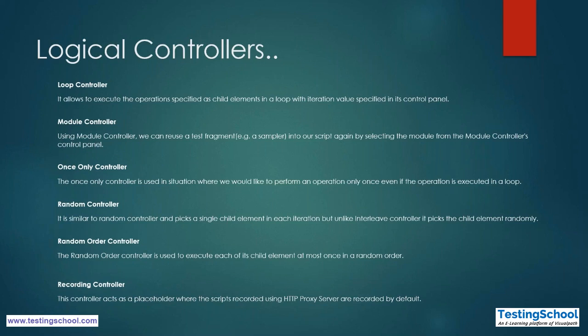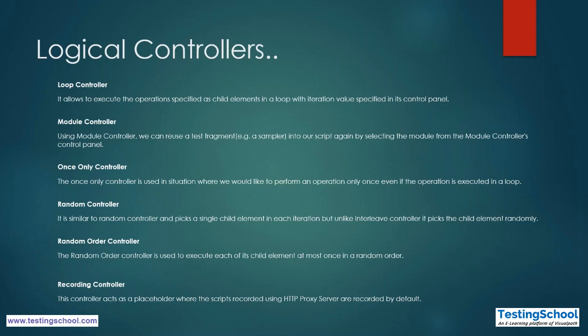Next is the random controller. It is similar to the interleave controller. The only difference is that in the interleave controller, the execution sequence in each iteration is sequential, but in the random controller, it will take a single child from the controller in a random fashion.